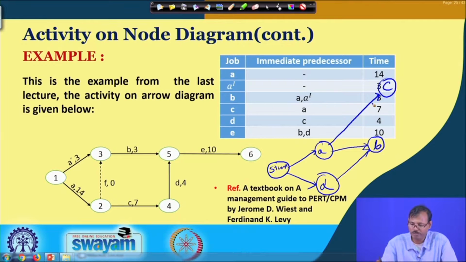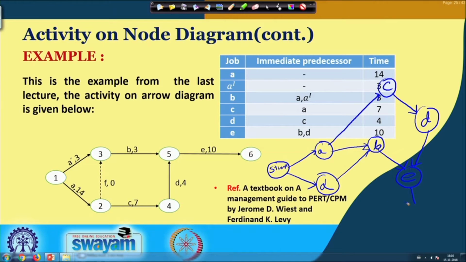We are having job D which has only C as the predecessor, and we are having job E which has both B and D as the predecessors. Then we have to end the network by providing an end node at this point.